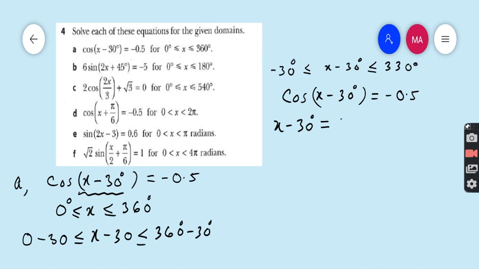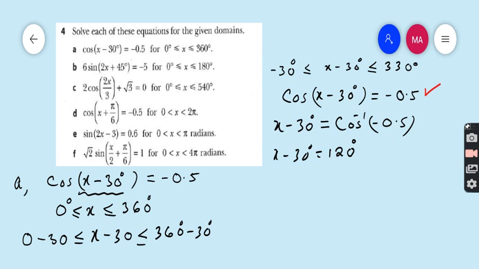Move this cos to the other side, it will be cos inverse of minus 0.5. If you find it from your scientific calculator, cos inverse of minus 0.5, you will get 120 degrees. Now, the value of cos given in the question is minus 0.5.